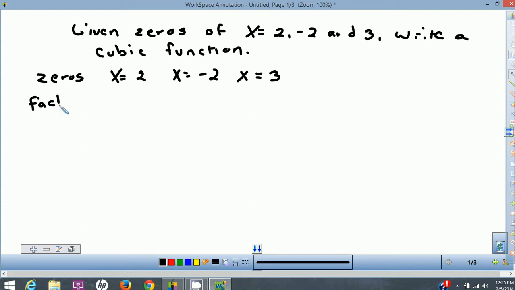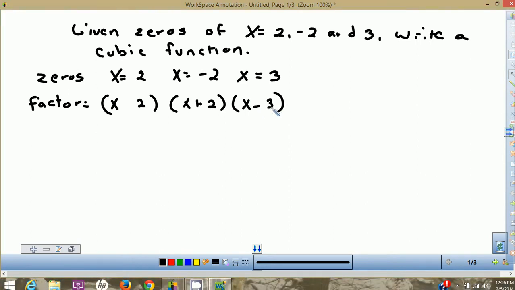So from the zeros we were given in the problem, the factors that we would use would be x minus 2, x plus 2, and x minus 3. You are simply moving those numbers back to the other side of the equal sign. I am subtracting 3 from both sides. I am adding 2 to both sides. I am subtracting 2 from both sides.